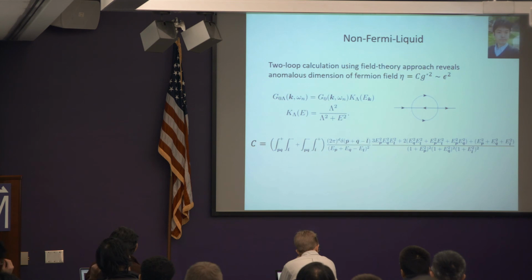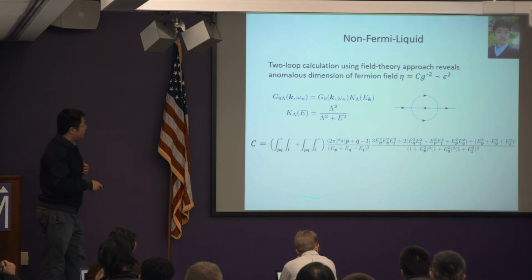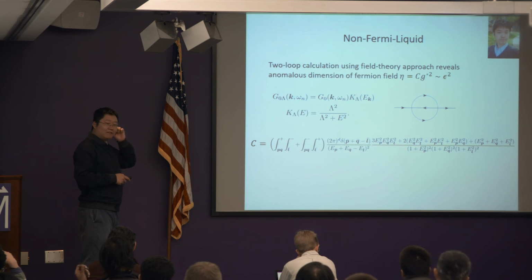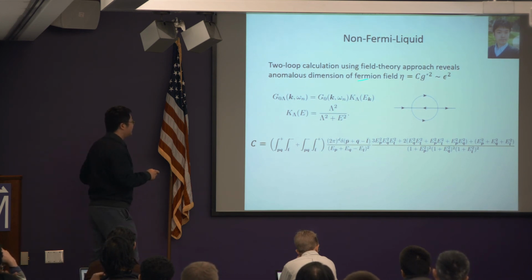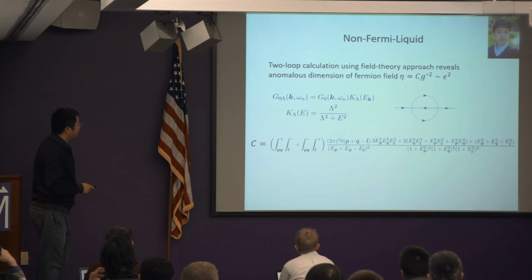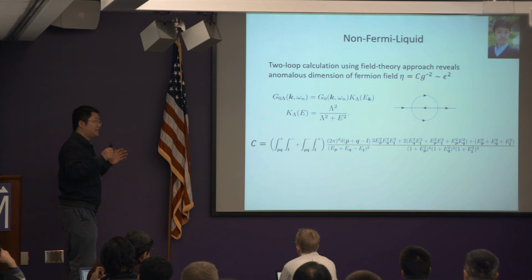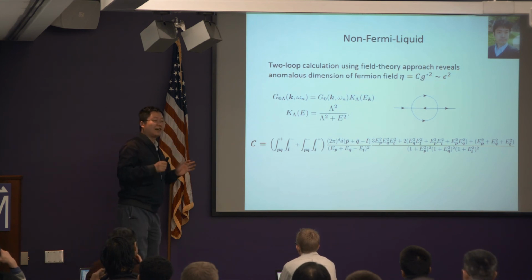And also, regarding the quasiparticle weight, this requires us to directly look at the fermion correlation function, the single particle Green's function, and this actually requires a two-loop calculation. This is really work by Hiroki Isobe, and I'm just showing the result: using the field theory technique, he was able to show that the single particle Green's function has a power law decay, but with an exponent that is different from the non-interacting case.